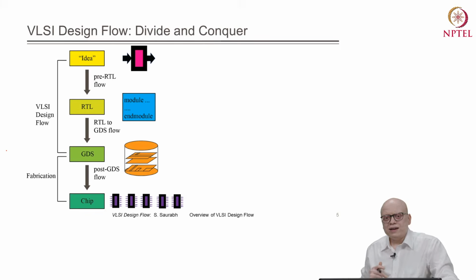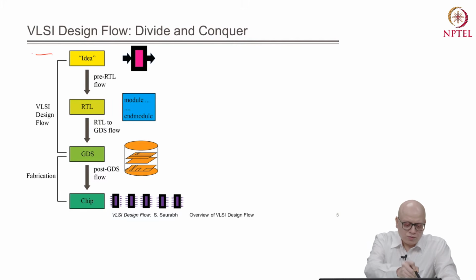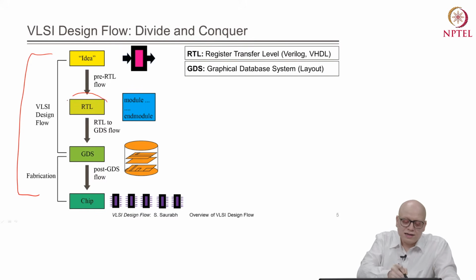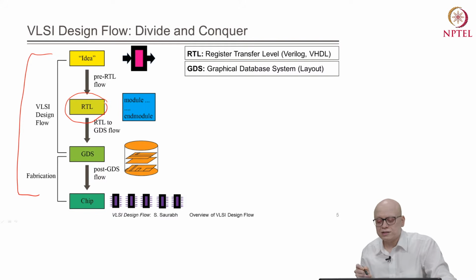So given an idea and its implementation to a chip, within this flow, a design undergoes a lot of transformations. Nevertheless, we can identify a few milestones through which a design goes through. And what are those milestones? The first one, we can say that it is the RTL. RTL is a design representation in a register transfer level.